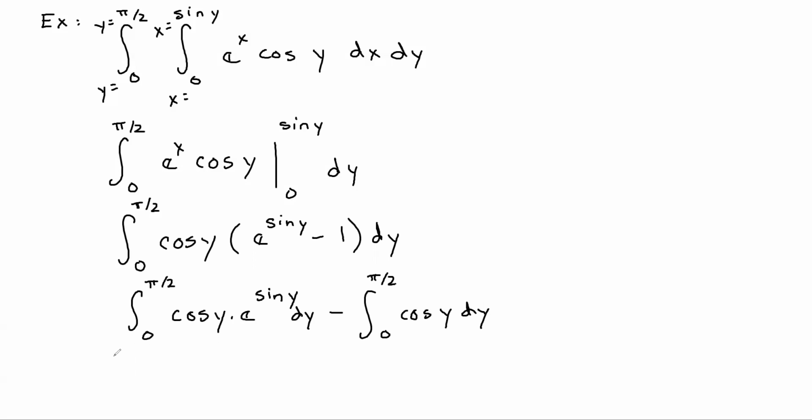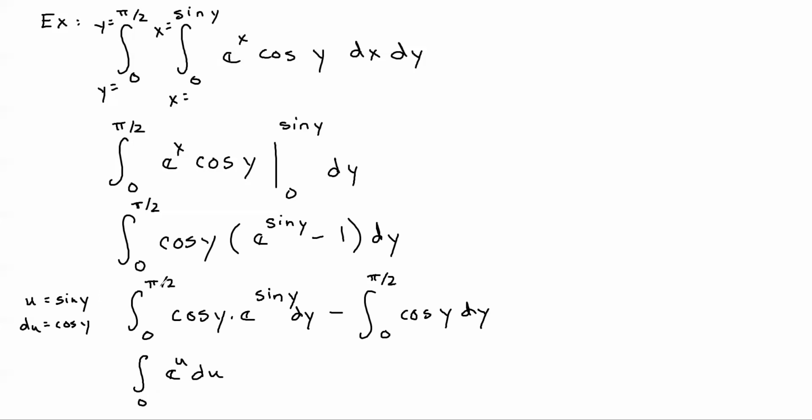So if you do u equals sine y, you're going to have du equals cosine y. And so this is going to become the integral of e to the u du, and then y is 0. So if you plug y equals 0 in, then u becomes 0.